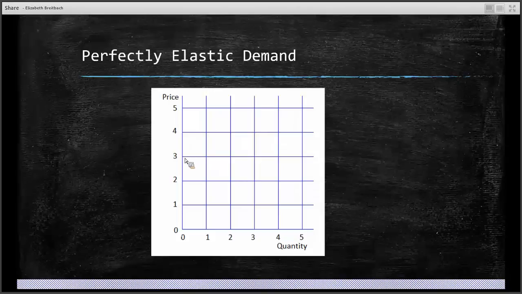If that price is $3 in the market, I am going to consume an unlimited amount, right? And our demand curve is going to be perfectly horizontal. Okay, we're going to have a perfectly horizontal demand curve. If the price starts to go above $3, let's say it's $3.50, the quantity I demand is going to go to 0.